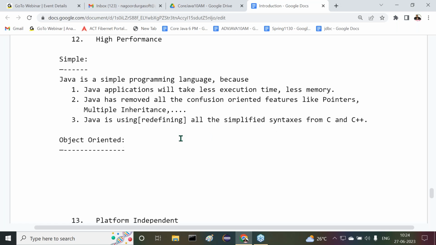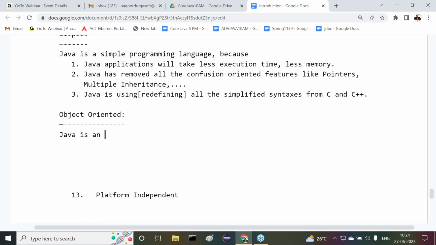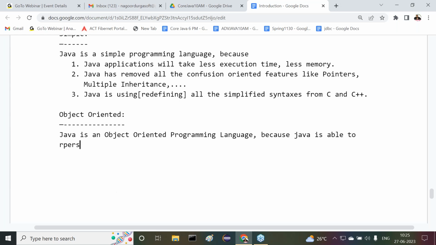So the point I am telling you is that Java is an object-oriented programming language. Why? Because Java is able to represent data in the form of objects by following, or satisfying, all the object-oriented features.